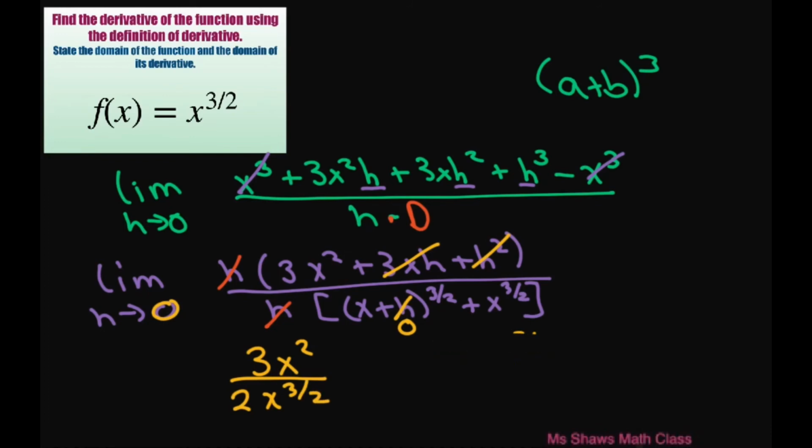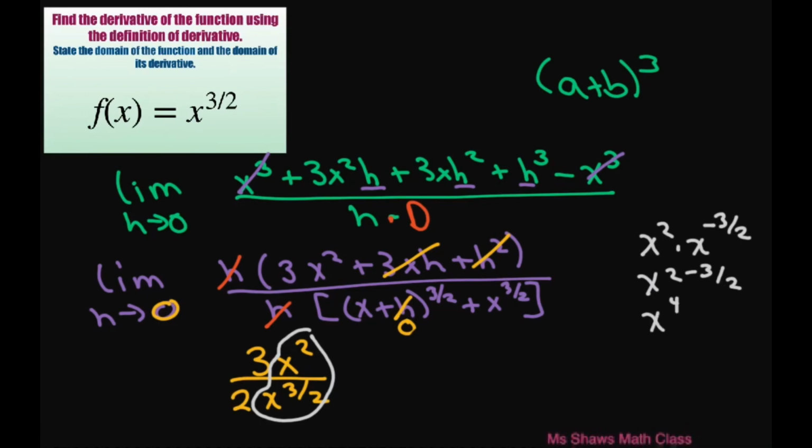Now the last step is we have this same base of x here. So basically, if you take x to the power of 2 times x to the power of negative 3 halves, I can write this as x to the power of 2 minus 3 halves, which is actually x to the power of 4 halves minus 3 halves. So we have x to the power of 1 half.